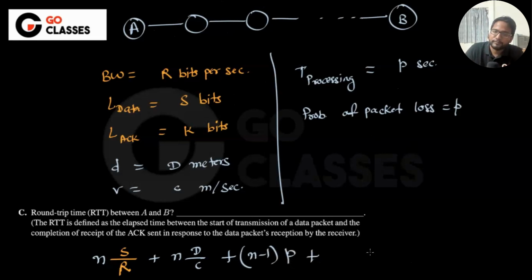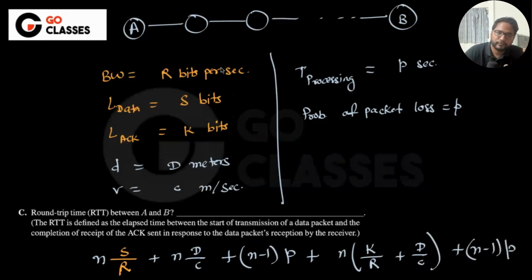Now what else? The ACK will also be traveling back. The ACK will also have n into the propagation delay and the transmission delay. Transmission delay is this much, propagation delay is the same, and then it will also incur the processing delay, right? So this should be the answer.